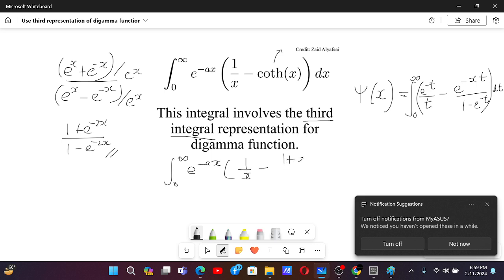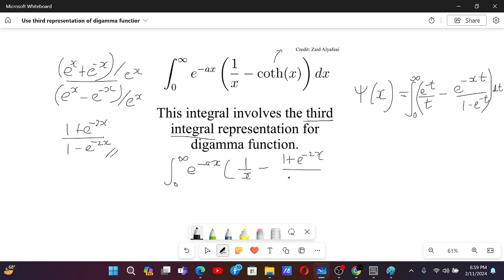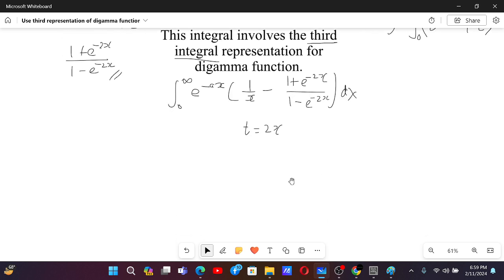So we have (1 plus e to the power minus 2x) by (1 minus e to the power minus 2x) dx. Now over here I need just minus t, so I can let t equal 2x. If I do that substitution, I get dt equals 2 dx. The limits remain unchanged.